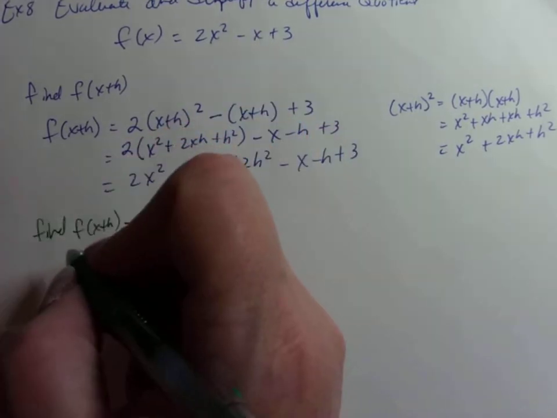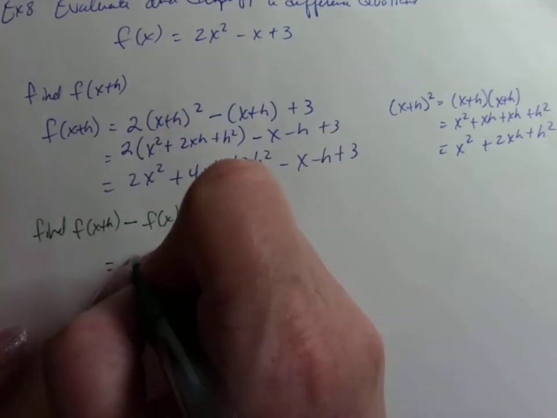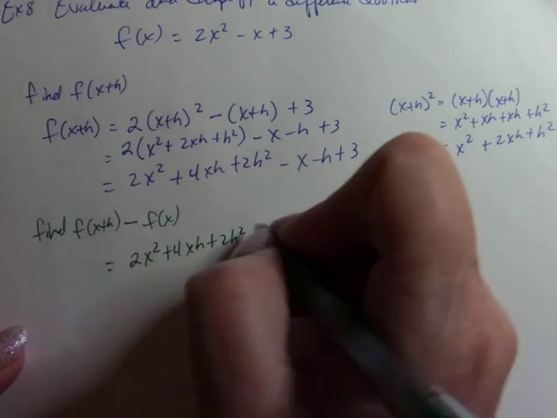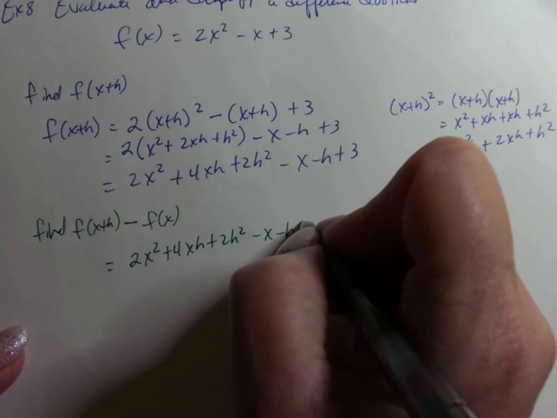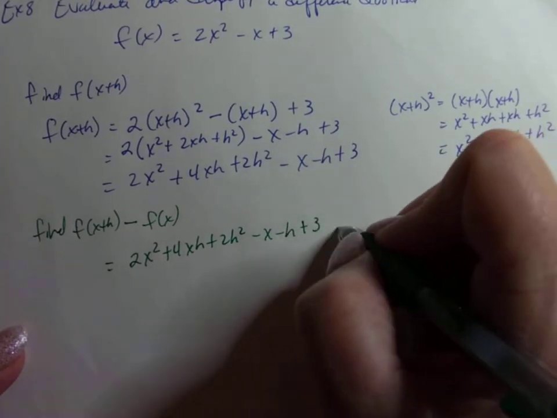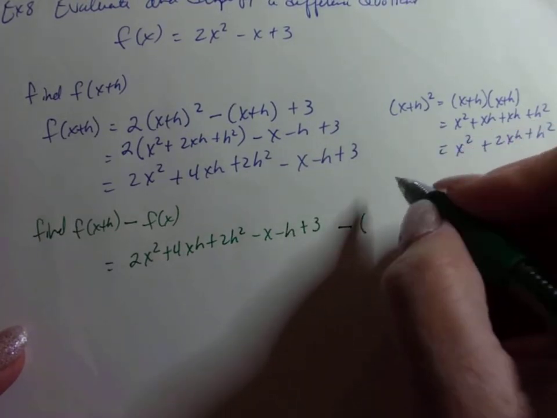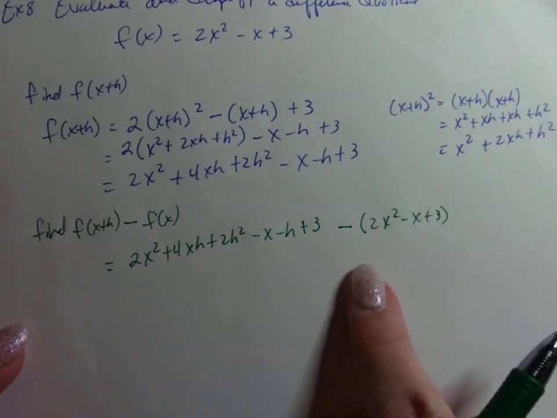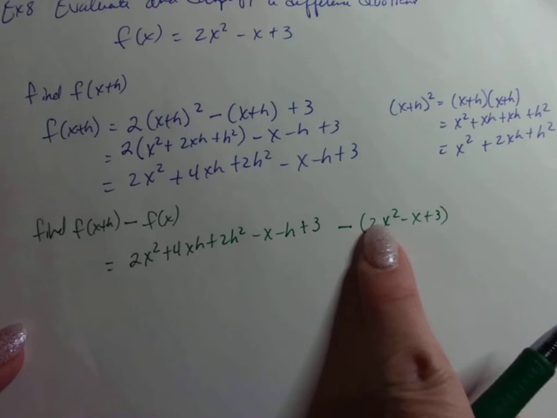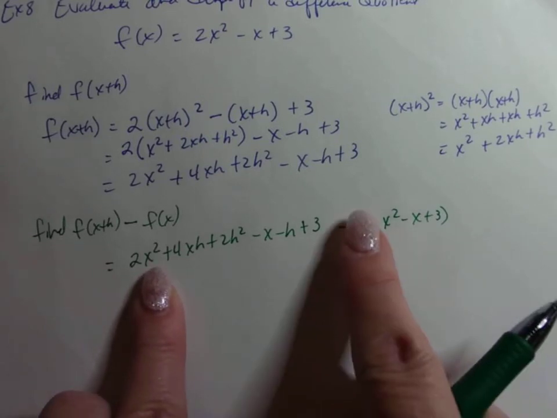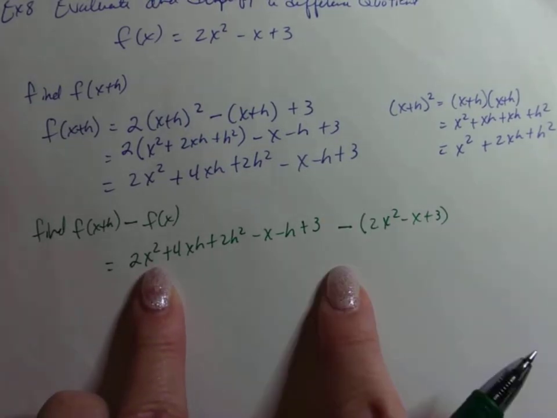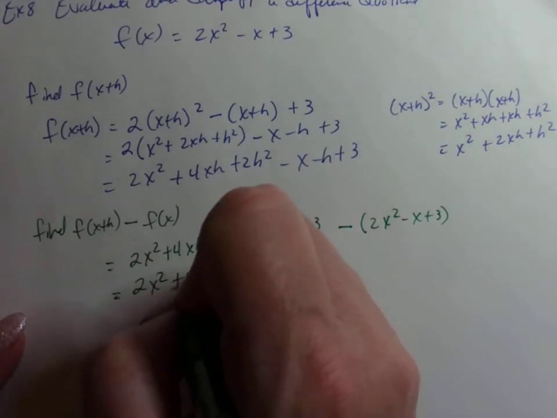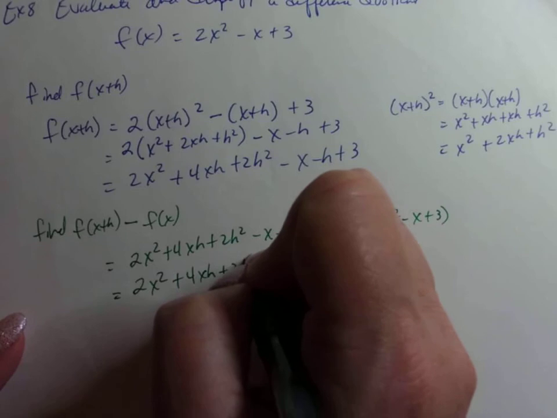So this is going to be equal to 2x squared plus 4xh plus 2h squared minus x minus h plus 3 minus our f of x function, (2x squared minus x plus 3). I always put that in parentheses because we've got to subtract the whole thing. And remember, this answer is just coming from this. So let's distribute our negative sign. We're just rewriting all of this first part.